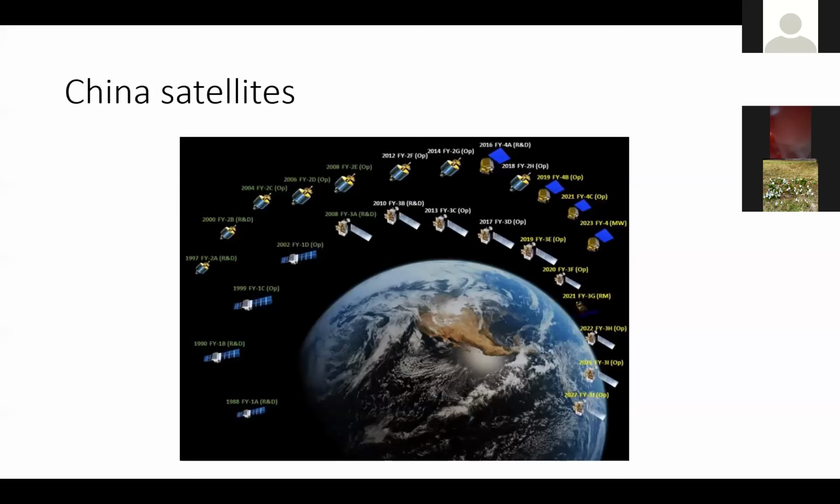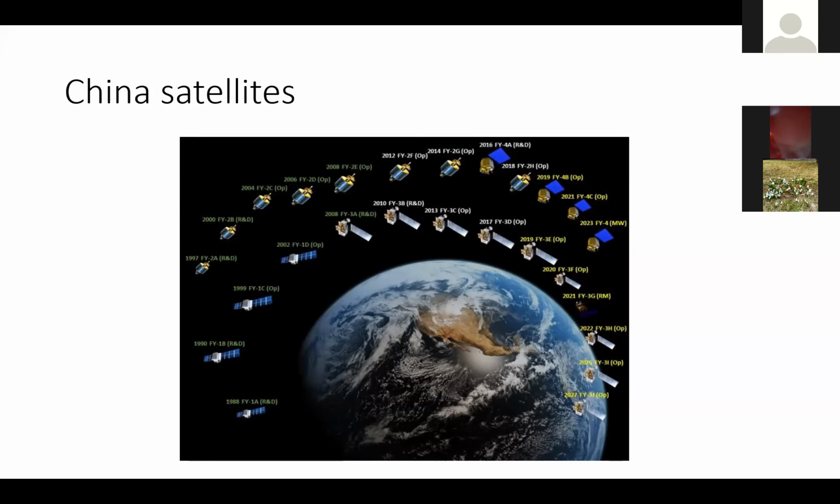And the Chinese missions are in general different from the others. The difference is that most of those satellites are small satellites, and they can measure at only 1 or 2 wavelengths. But it's much cheaper to build these satellites.